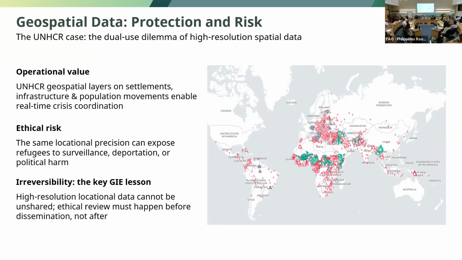So the key GIE lesson here is irreversibility. High resolution locational data cannot be unshared once it's disclosed. Ethical review must happen before dissemination. This is going to play out throughout the chapter: when we consider ethics, at which stage, whether it is impact evaluation or in this case specifically GIE, what needs to be applied is going to be really important.